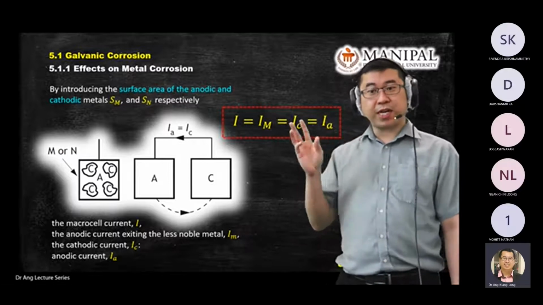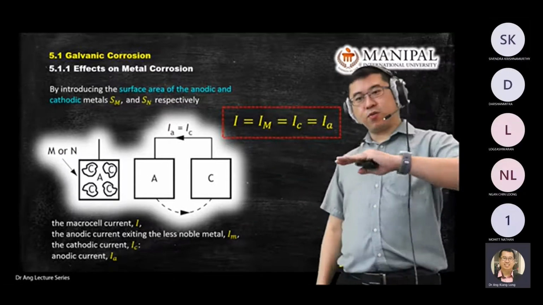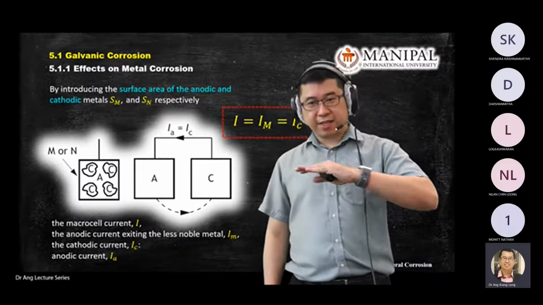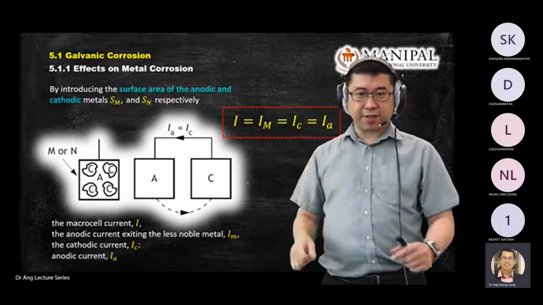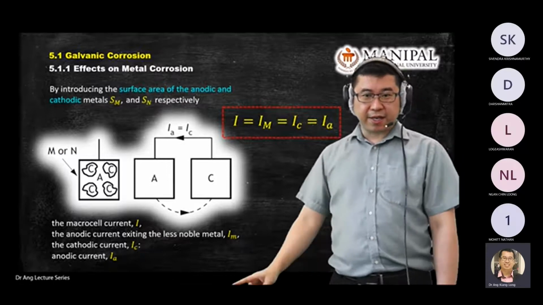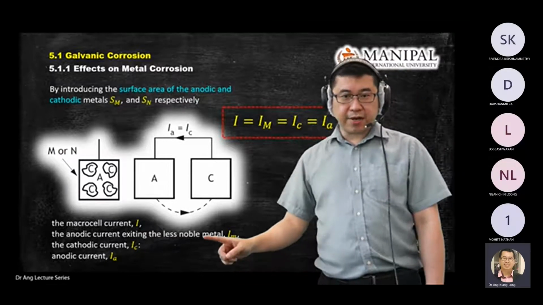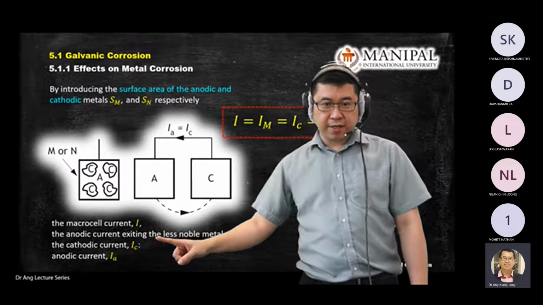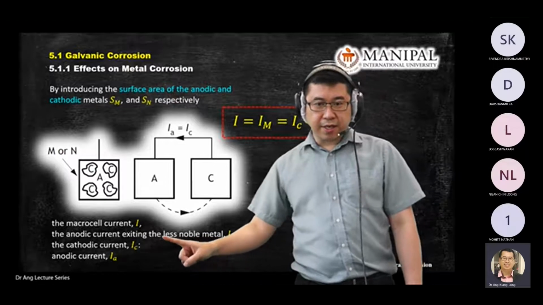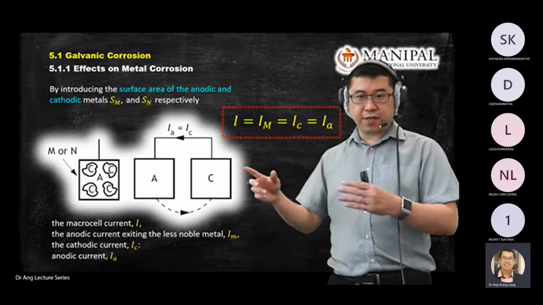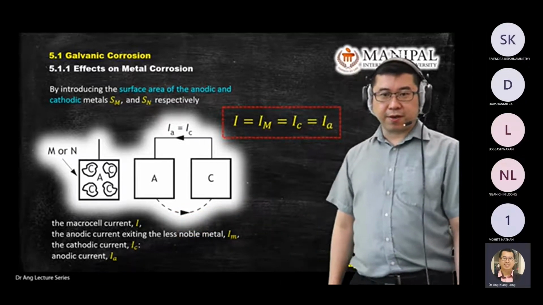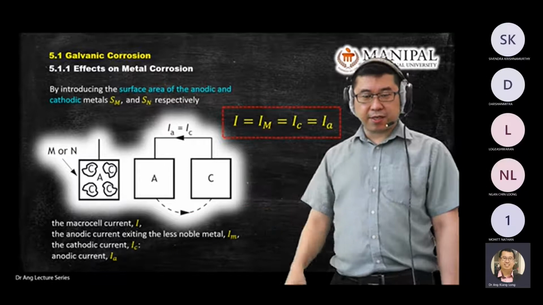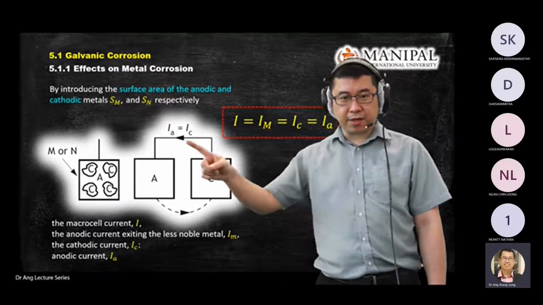You have a few types of current: the one inside the anode, the one inside the cathode, the current exiting the less noble metal, and the microcell current of the system.